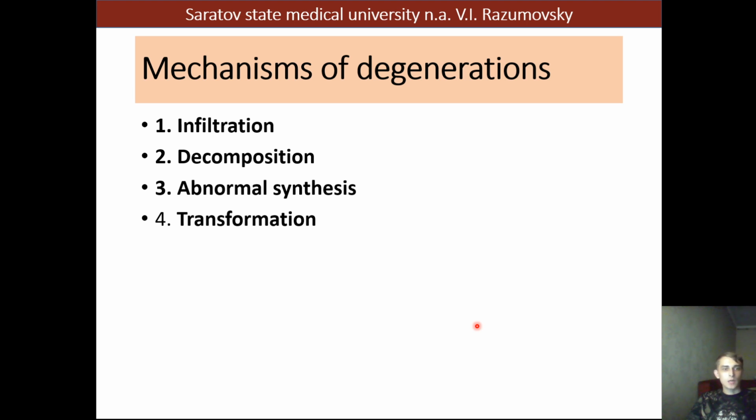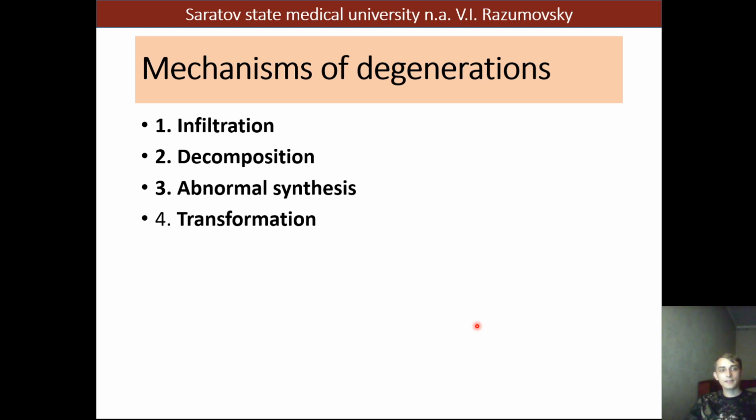Abnormal synthesis is associated with formation of abnormal substances in our cells. It may be amyloidosis or alcoholic hyaline. And abnormal synthesis may also be associated with formation of normal substances but in abnormal places. As you know, in our body we can have accumulation of glycogen in our liver and in our muscle.